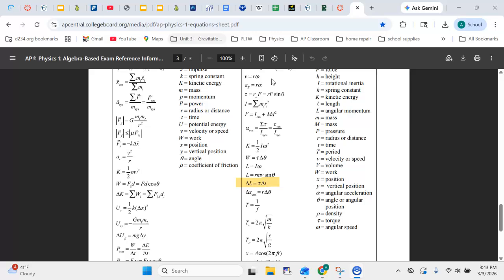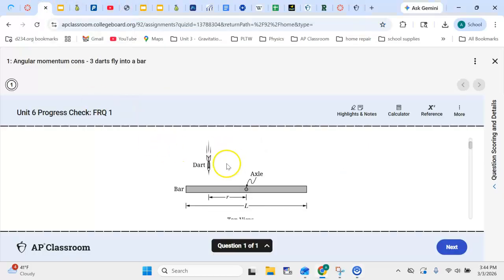So going back to our FRQ, is angular momentum conserved? Well, we have L initial, the initial angular momentum, plus torque times delta t equals final angular momentum.